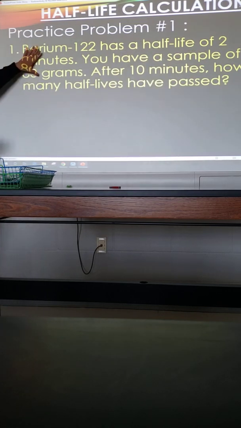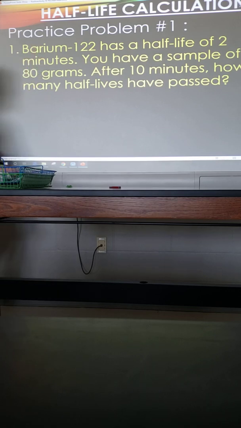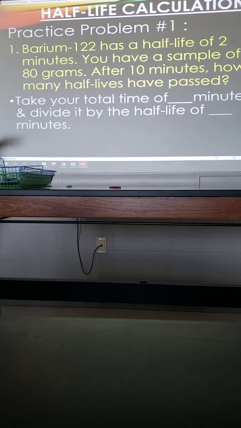All right, so again, this is just the problem. I have it on every slide so that you have the problem right in front of you. The first thing you're going to do is take your total time. What was the total time in this problem? How much time went by? Ethan's telling me 10, okay? So we had 10 minutes, and then what was the half-life that was given in this problem?